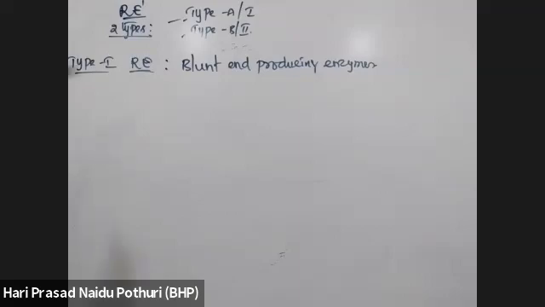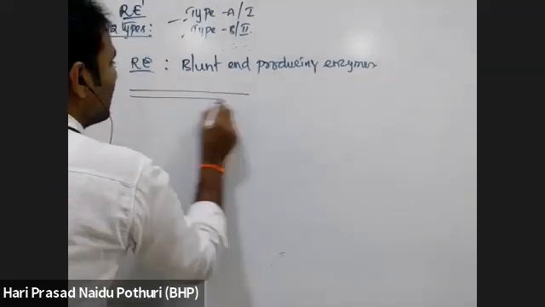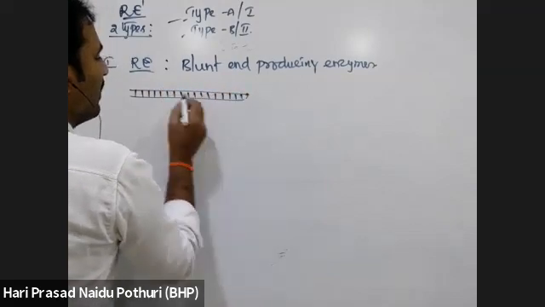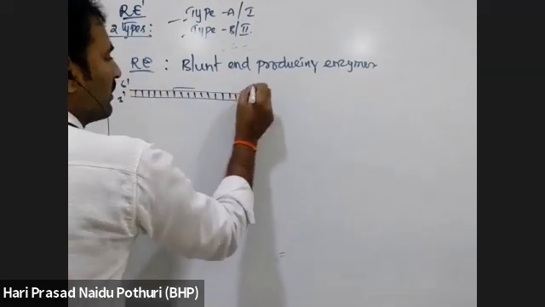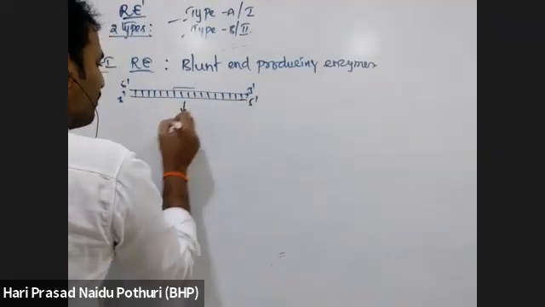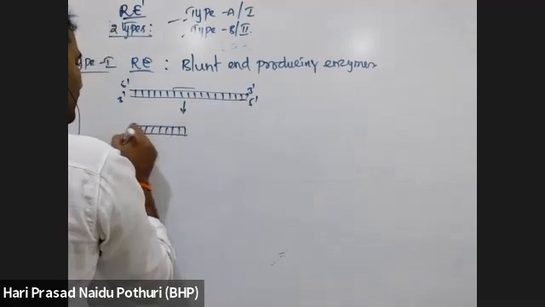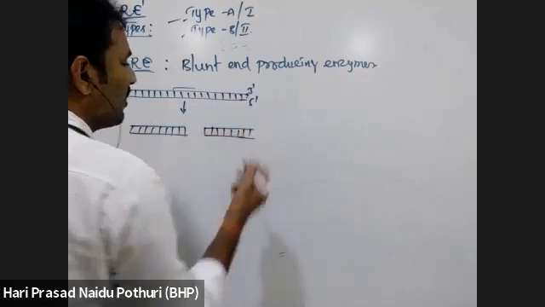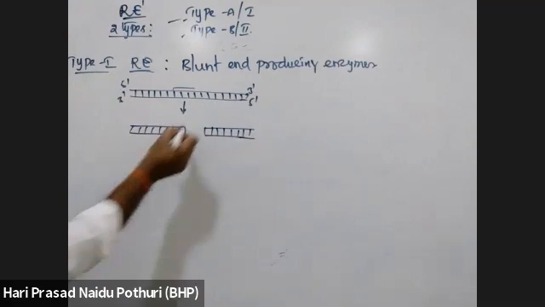But the mode of breaking, how it is cutting the DNA, differs. Suppose you take a long DNA molecule that has a restriction sequence here, then type 1 restriction enzymes can break that DNA leaving blunt ends or even ends, which are also called straight ends.